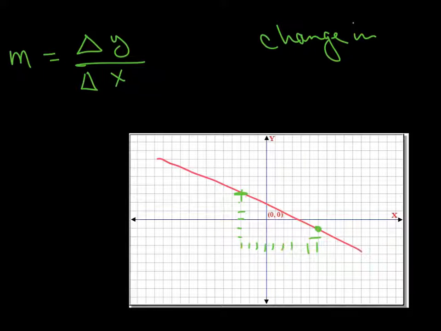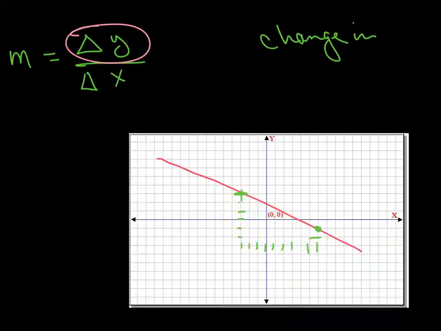Now we're looking for the distance between the 2 points. First of all, we're looking at the distance between the y's. Here's one y, and here is the other y.